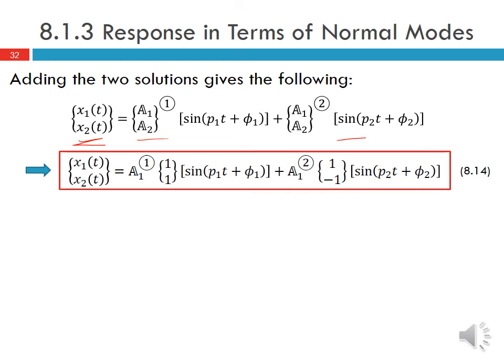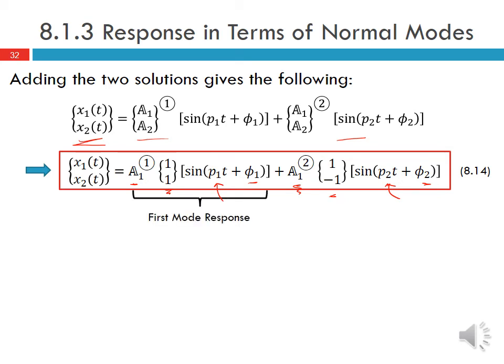So basically representing these with the amplitude times our mode shape, amplitude times our mode shape, and now we see this one has our first natural frequency and our second natural frequency. And we've also got this phi 1 and phi 2 for our two different modes.